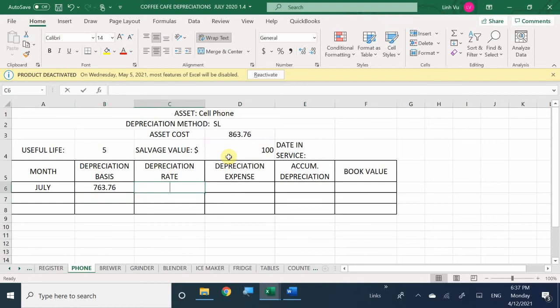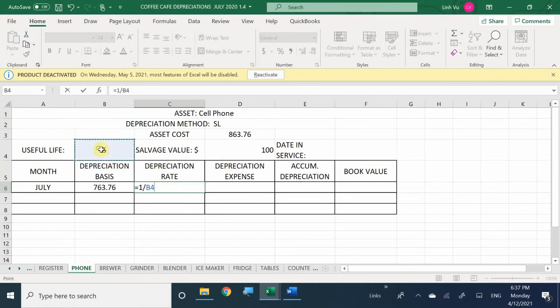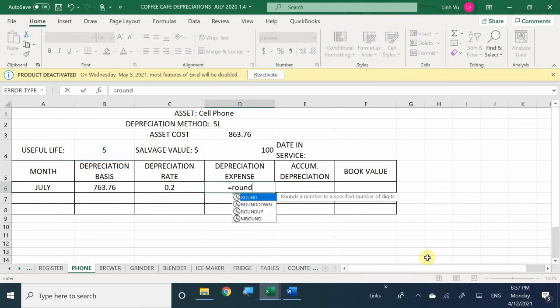Okay. The rate is going to be 1 over 5, the useful life, right? And then my depreciation expense is going to be depreciation basis times rate divided by 12, right?